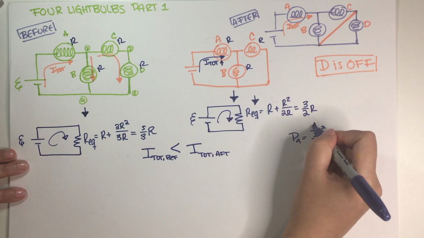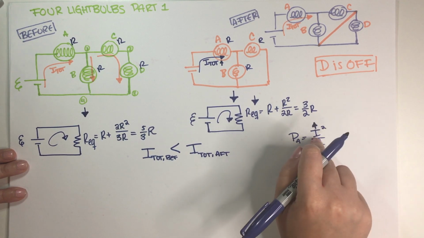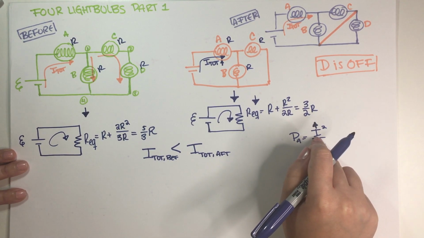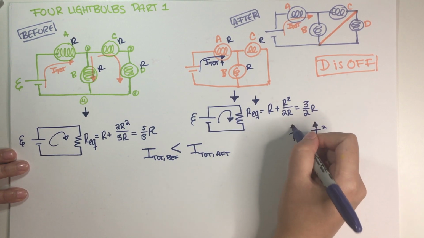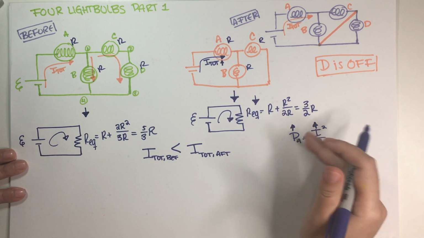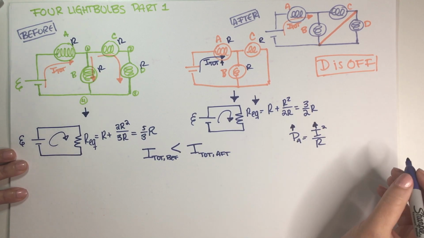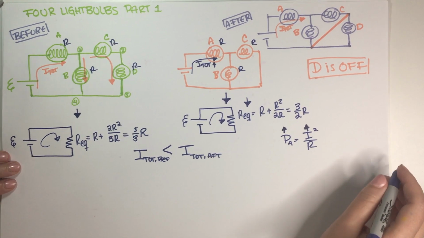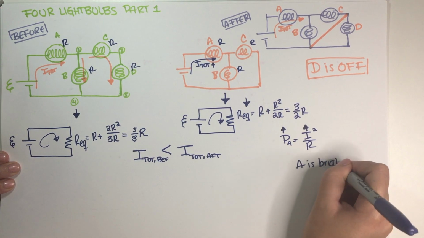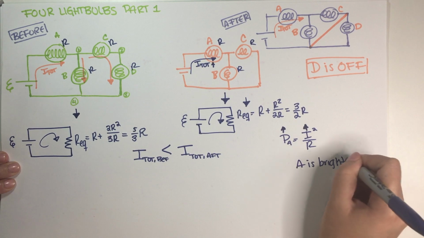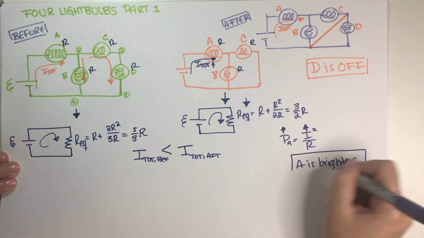So that means that this quantity increased over here. And because this quantity increased, that means that the power increased, and because the brightness is related to the power, then this means that A is brighter. Final answer.